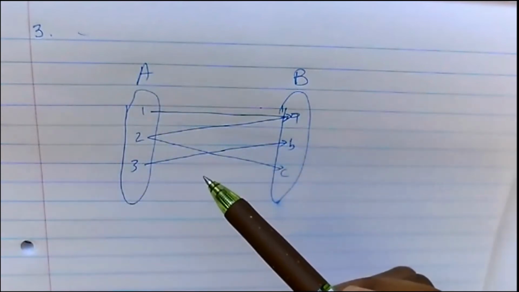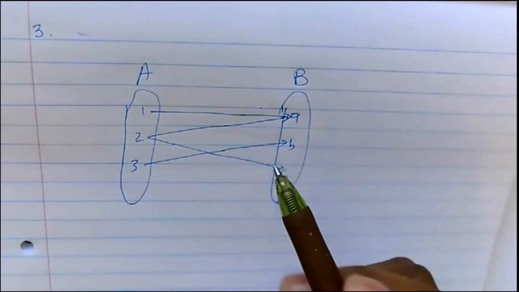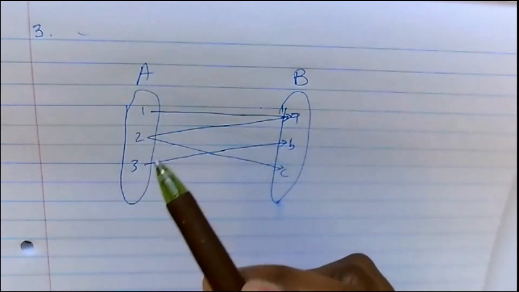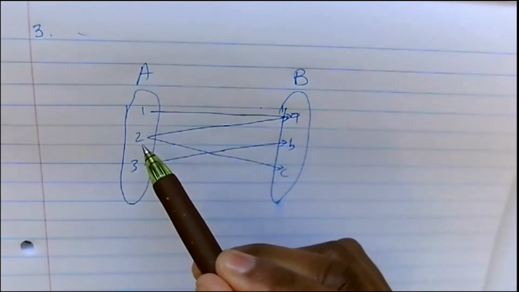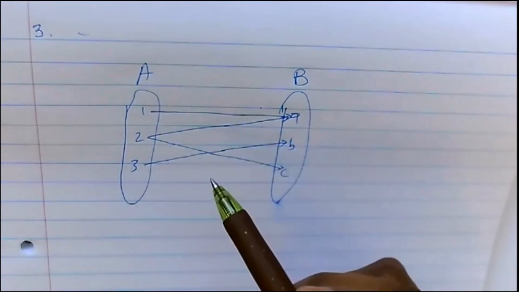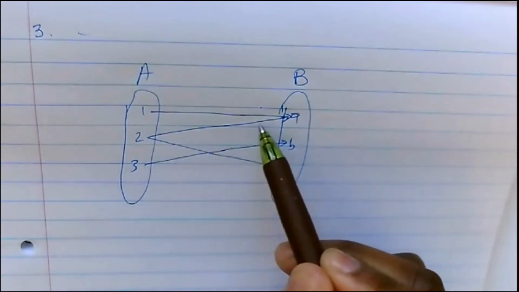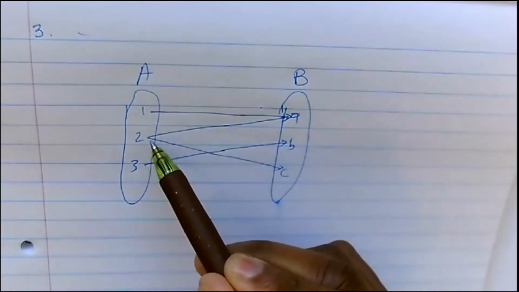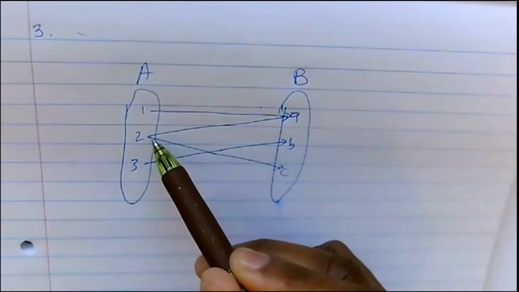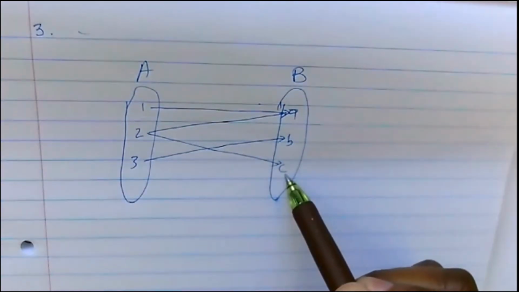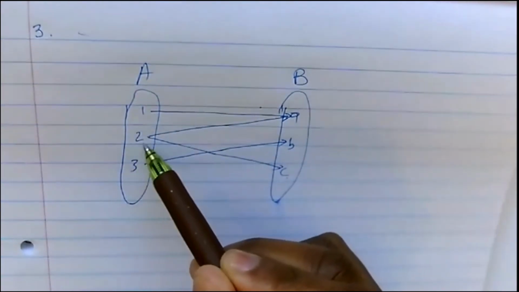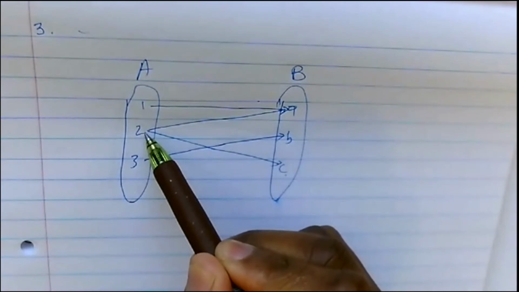That condition is satisfied. But the definition continues to say that everything that has been assigned must be assigned uniquely. If you're looking at 2, it is not assigned uniquely. 2 is assigned to A and at the same time is assigned to C. So number 2 in A fails the uniqueness.